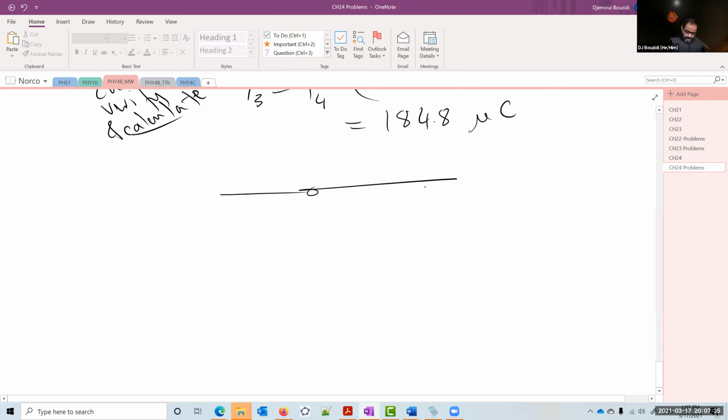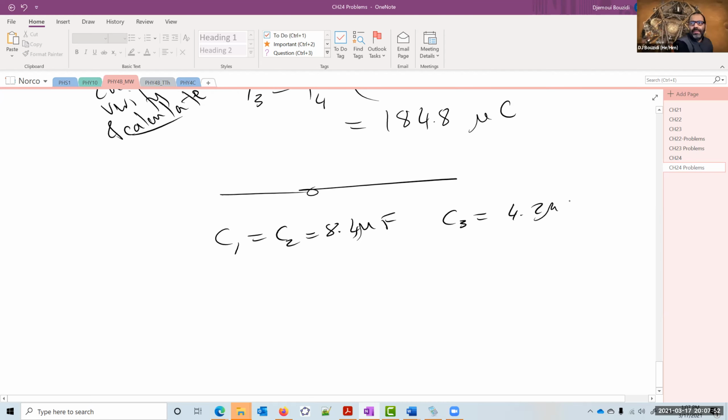57. It says three capacitors having capacitance 8.4 and 8.4 and 4.2 microfarads. So C1 is equal to C2 is 8.4 microfarads, and C3 is half of that. Okay. Are connected in series across a 36-volt potential difference.